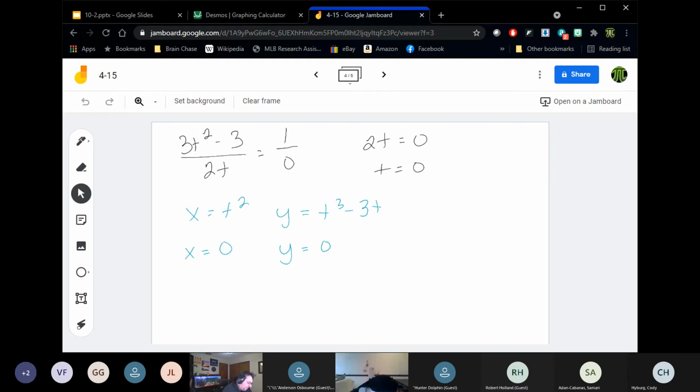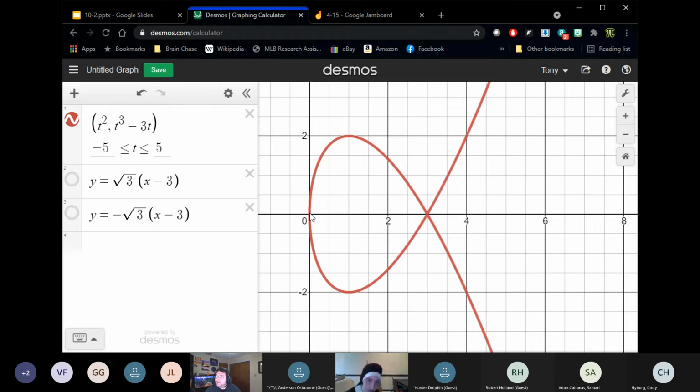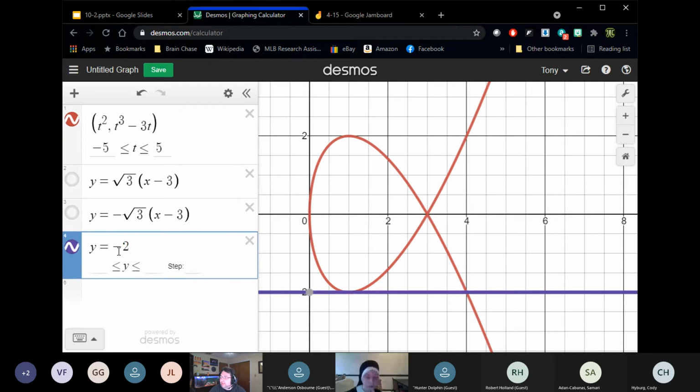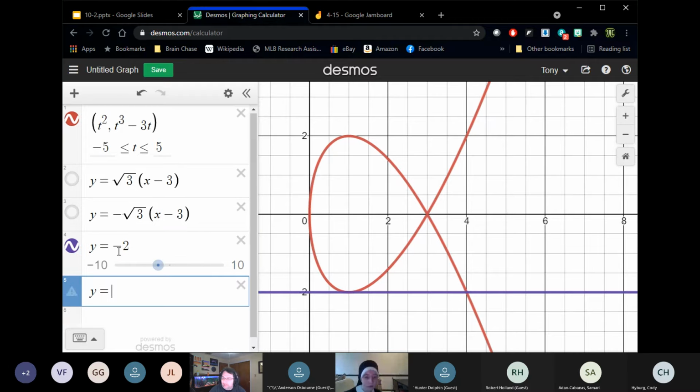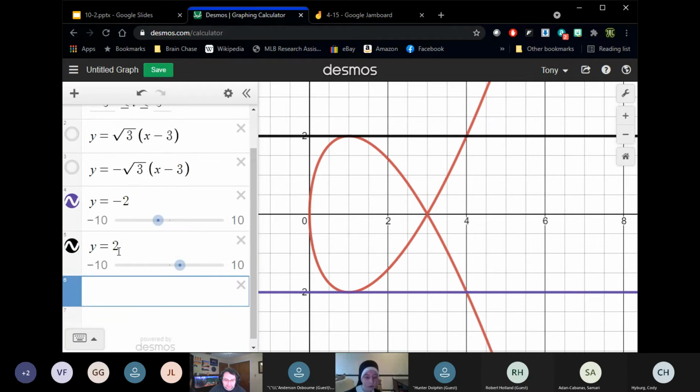So my vertical tangent is at 0, 0. And if we look back at the graph, that also makes sense. So we now have my horizontal tangents at y equals negative 2 and y equals 2, and my vertical tangent at x equals 0.